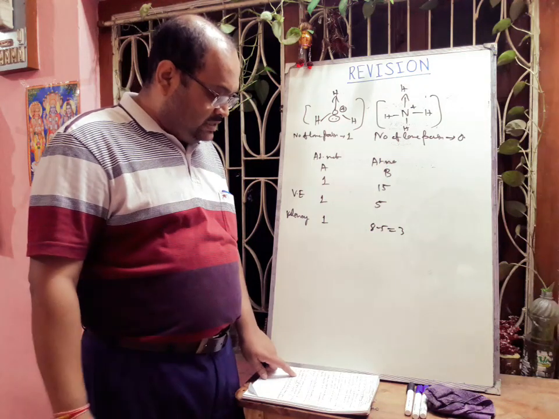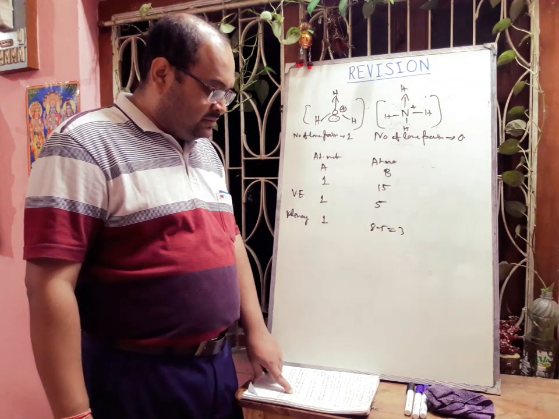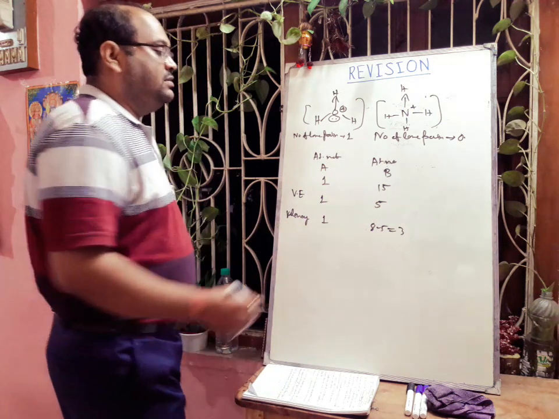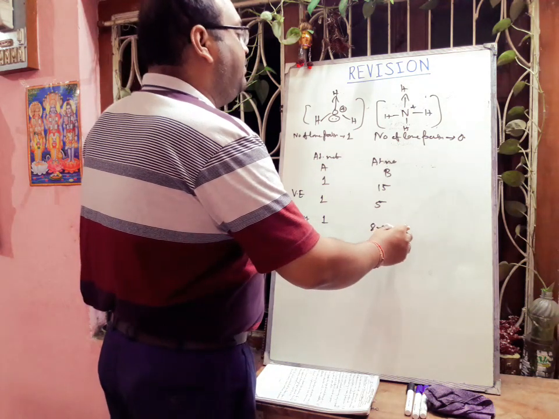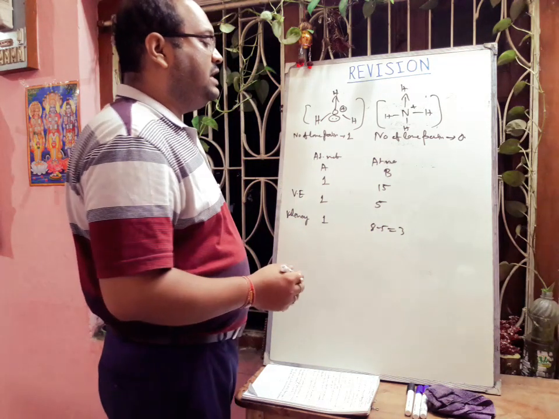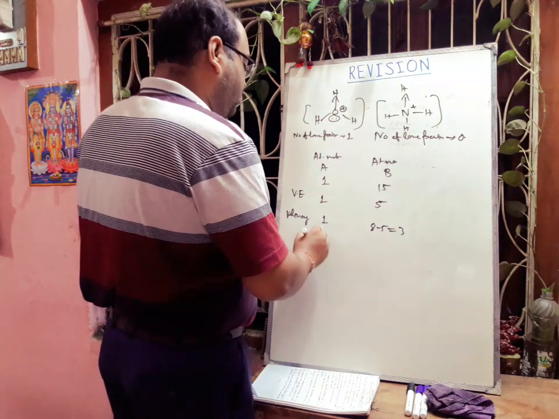Now the question is to draw the electron dot structure of the compound formed by the two elements A and B. From here you can easily understand what the formula of this compound will be.